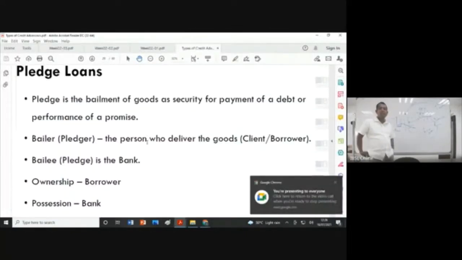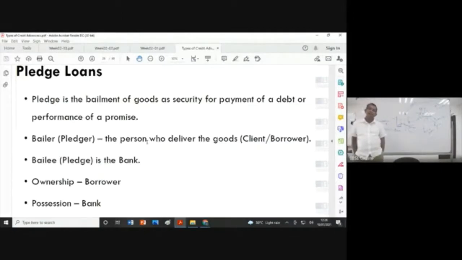Pledge is the bailment of goods as security for payment of debt or performance of a promise. Bailor is the pledger, the person who delivers the goods, the customer or the borrower. Bailee is the pledgee, who is the bank. Ownership, borrower; possession, bank.